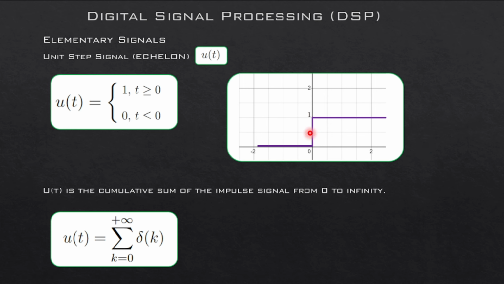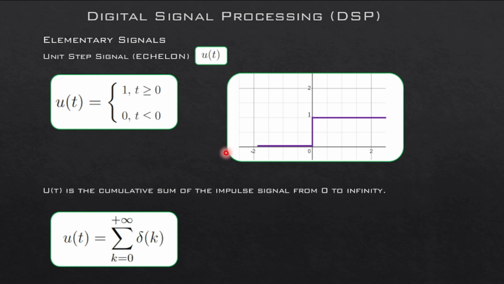In other words, u t is equal to sigma k from 0 to plus infinity of delta k, meaning it's the sum of all impulse signals from 0 to infinity.